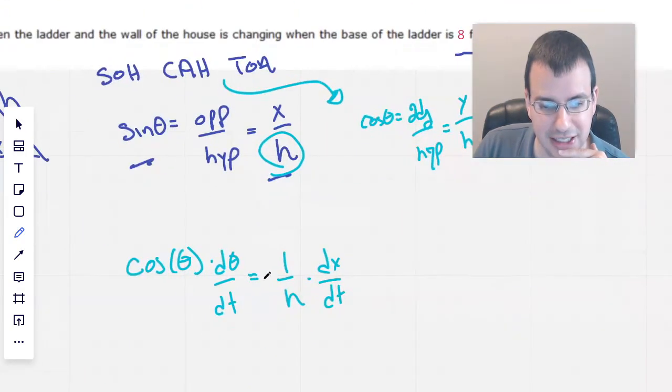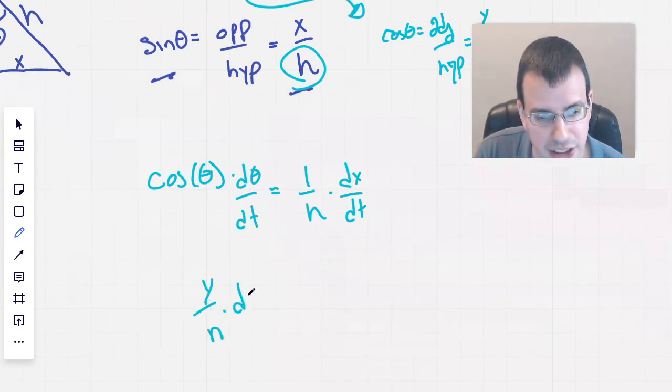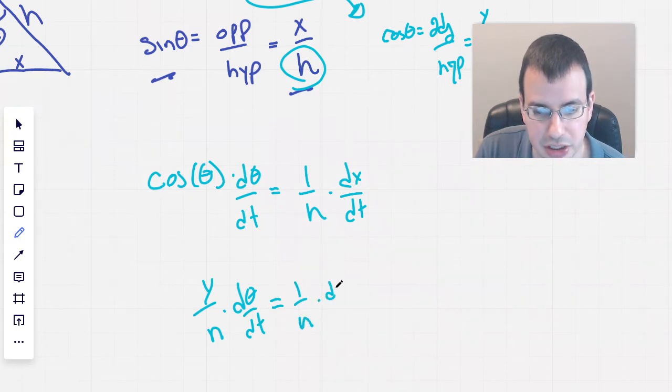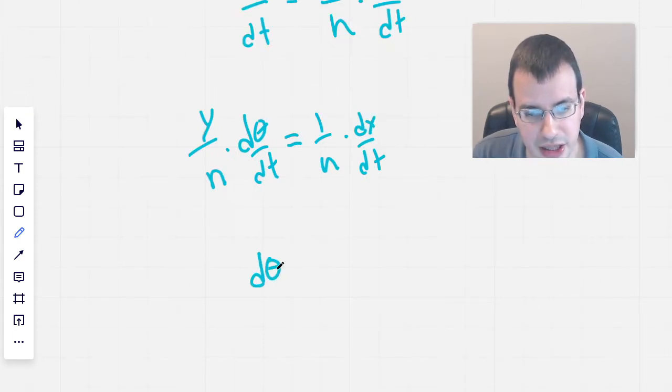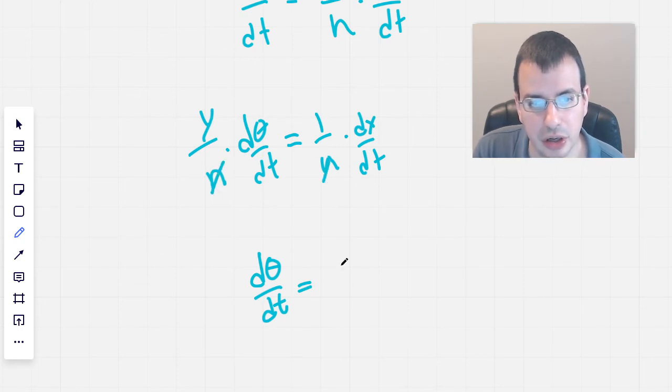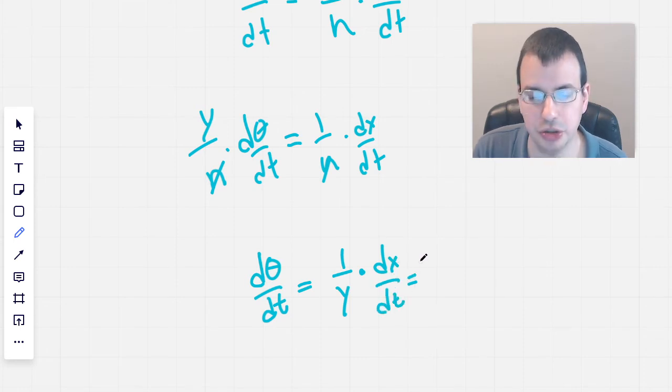So we can replace this as y over h d theta dt equals 1 over h dx dt. Okay? And so then d theta dt equals, h's cancel, 1 over y times dx dt. Is that true? Maybe that's true.